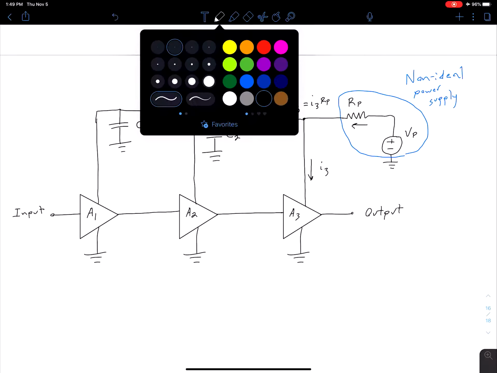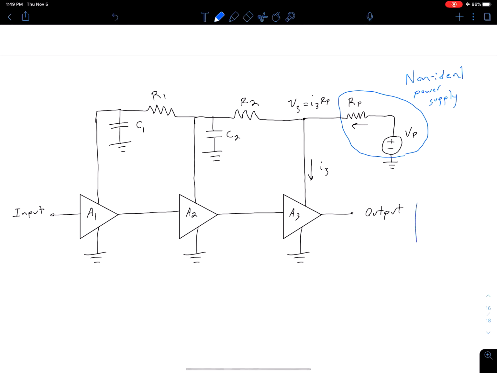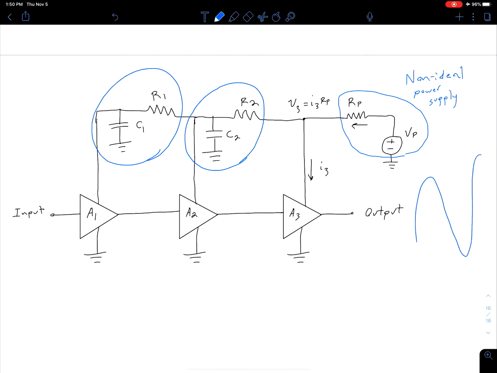But when we get some large signal on our output, we can have an AC component of a current being drawn on the power line. If we have this R sub P, we then get an AC voltage V sub 3 on that power line. What we had looked at is using a low pass filter, a low pass filter here and a low pass filter here, in order to allow a path for our AC signal to flow to ground.